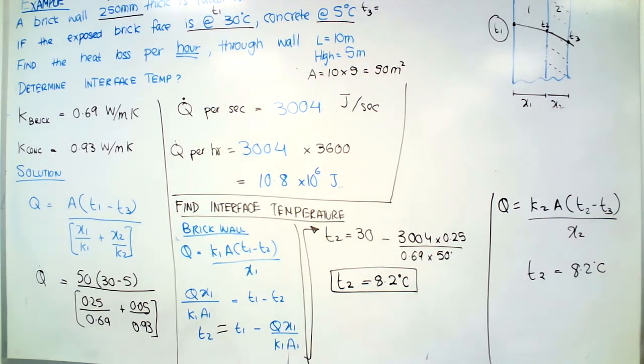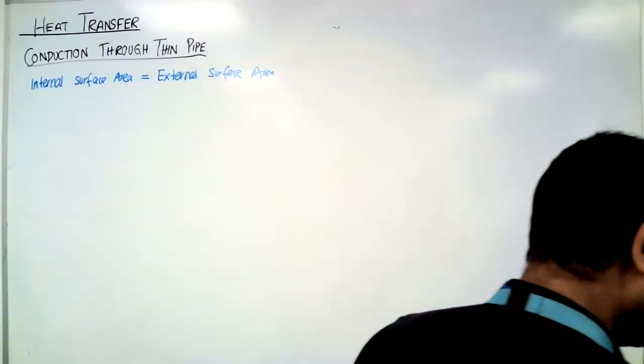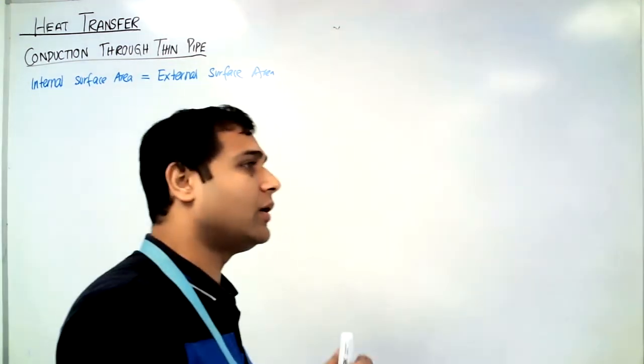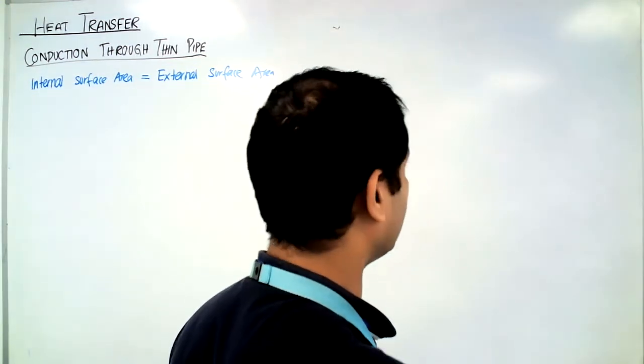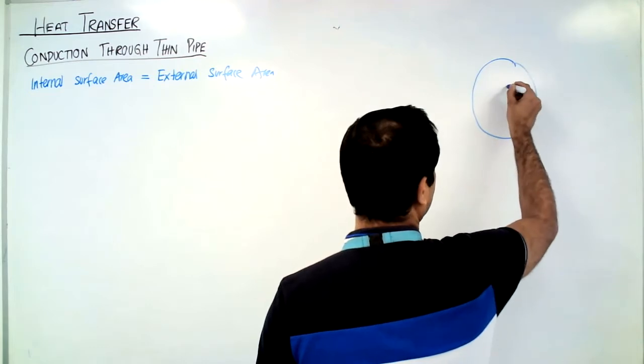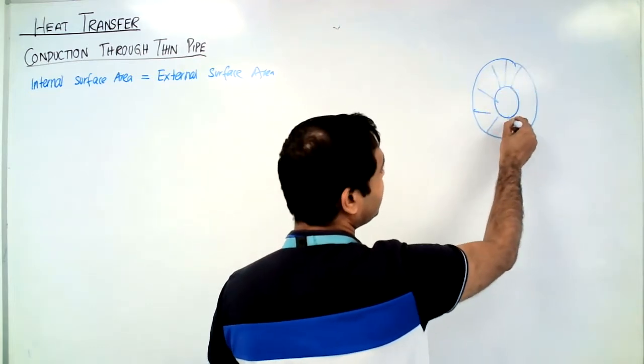Okay. Let me just pause this one. Conduction through a thin pipe. Now, how do we know it's a thin pipe or a thick pipe? We talk about that later. Let's say I do a very thick pipe.